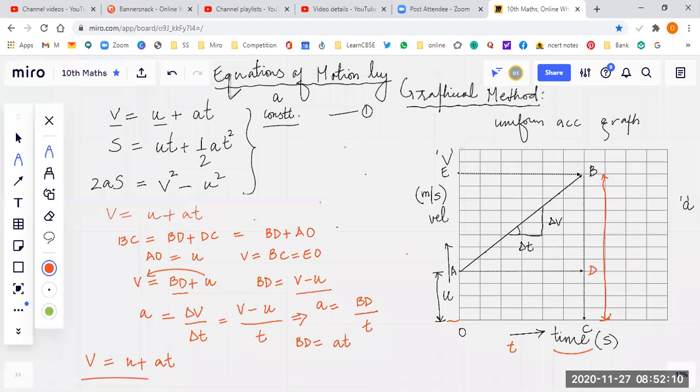So I got the first equation of motion from this. Now I will go for the second equation of motion. Okay, so let me take it down.